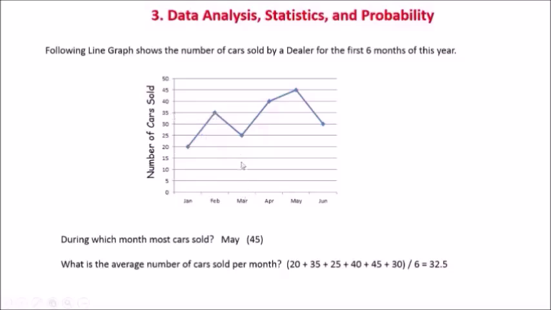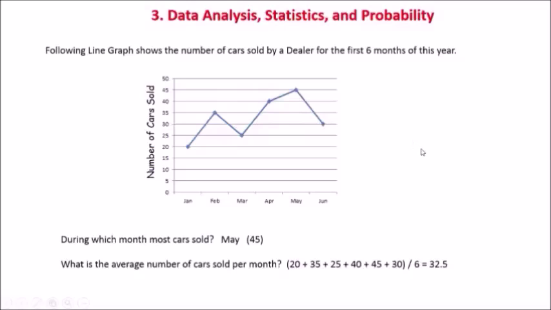Then March, you go across. That's 25 cars in March. Then April, you go up, then go across, 40 cars in April. And then May, you go up here and then go across, 45 cars in May. And in June, if you go across, it's 30 cars in June, okay?